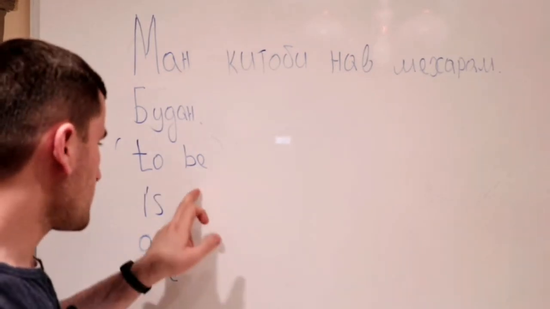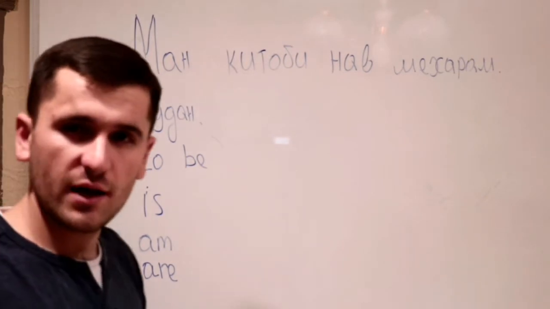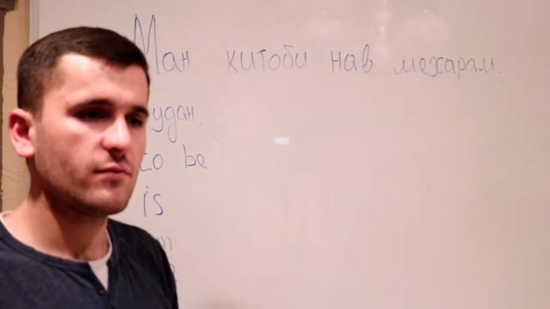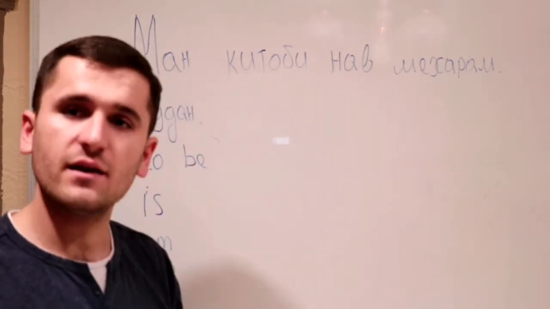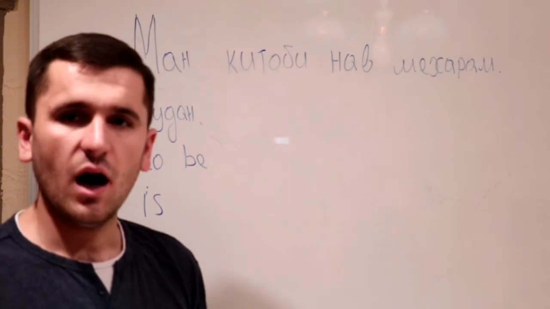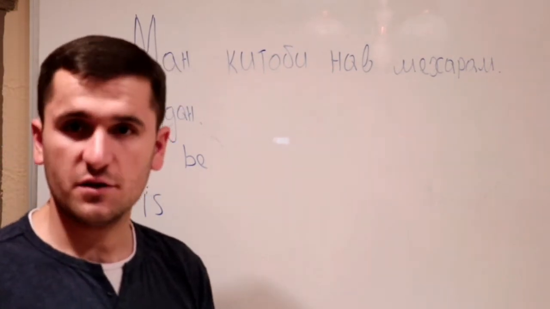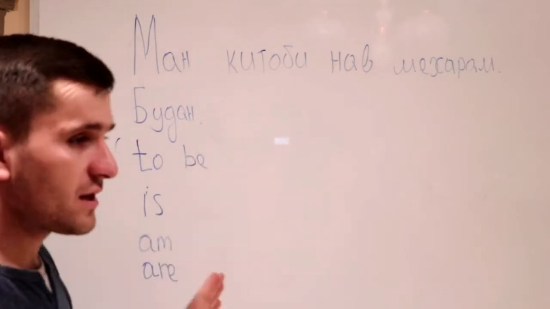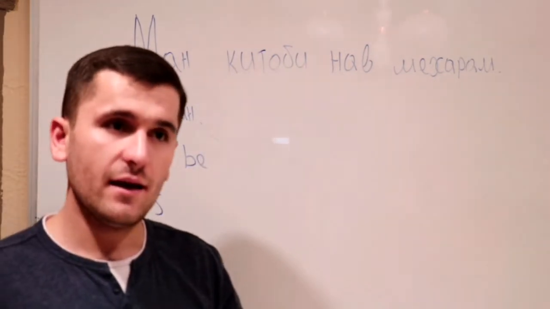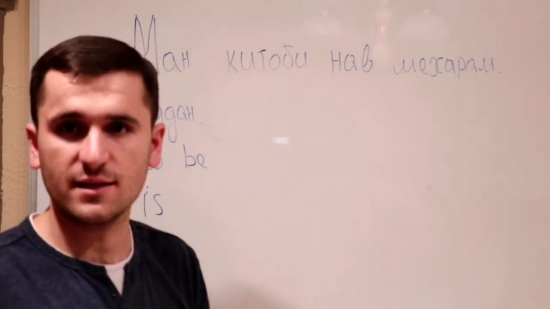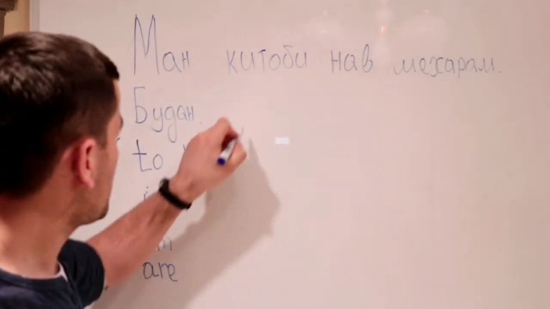Now what I want to tell you about to be: all of these words we use in the present tense. I mean, for example, now and today, in present, commonly. For example, I say, I am not a student, I am a teacher. But if we need to use other tenses, I mean future or past tenses, we will change them.